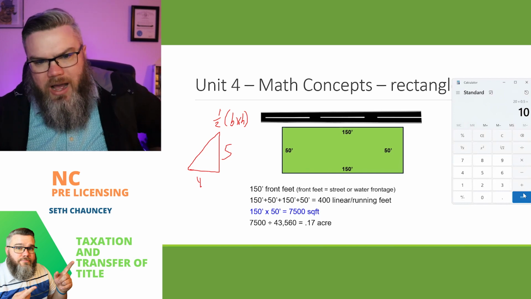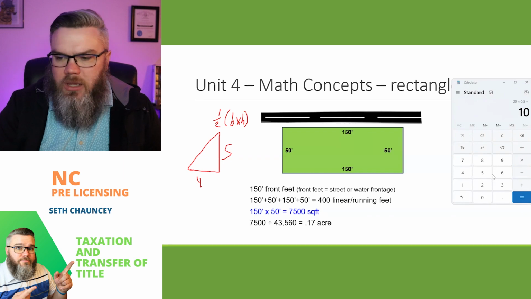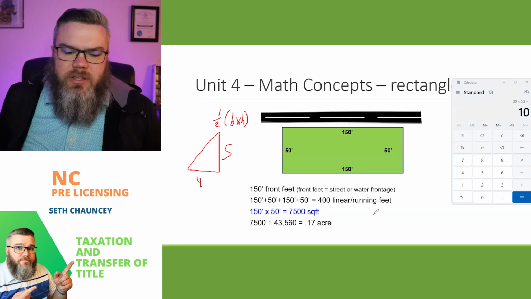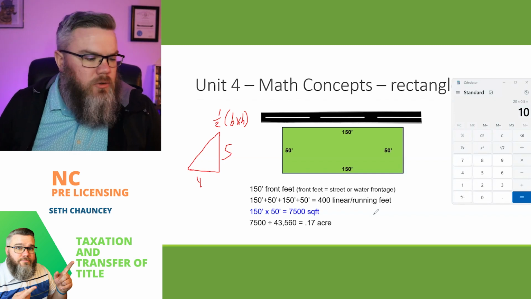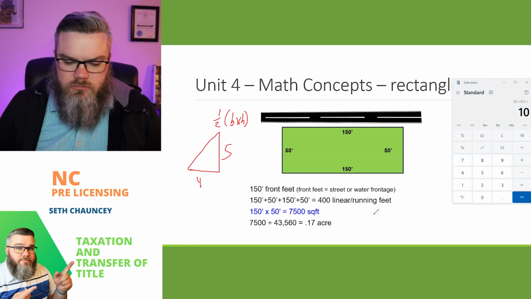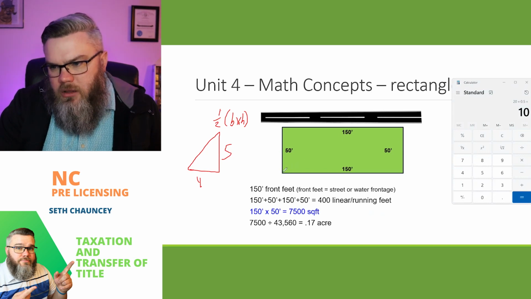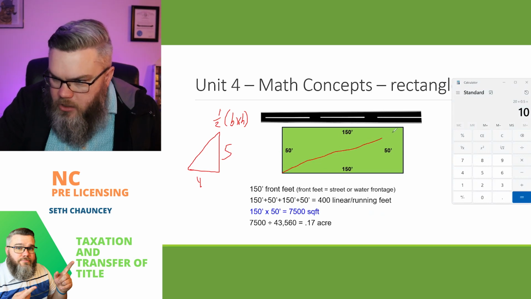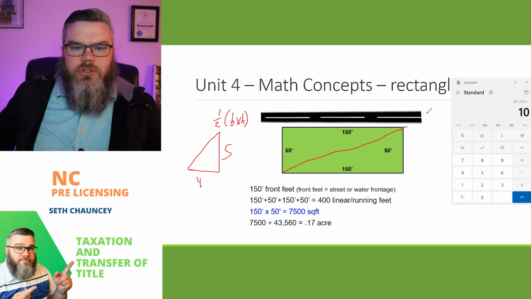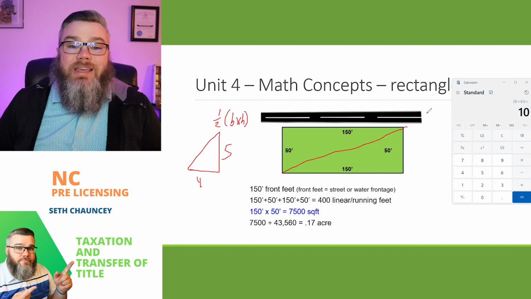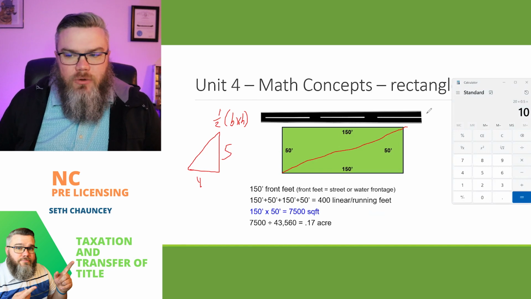Now, let me tell you why, folks. Don't let this freak you out. If you look at this rectangle, remind me, what is the formula for calculating area of a rectangle? Length times width. Now, if I was to take a line and draw it from here to here, what did I just create? 2 triangles. 2 equal triangles.